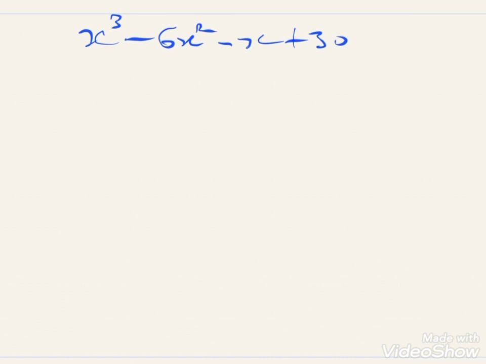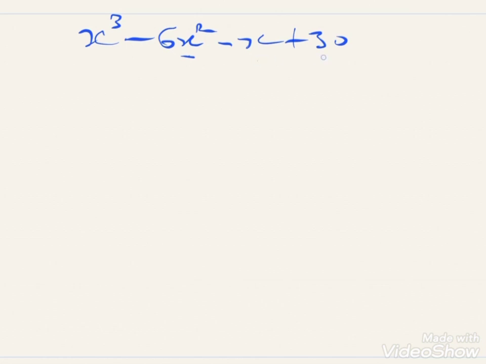Now, let us check if, once we substitute 1, starting from 0, we will not have 0. If we substitute 0 in x here, we will not have 0 because 30 is not 0. If we put 1, let x equal 1, we put 1 here. 1 cubed is 1. 1 squared times 6 is minus 6. 1 minus 6 is minus 5.